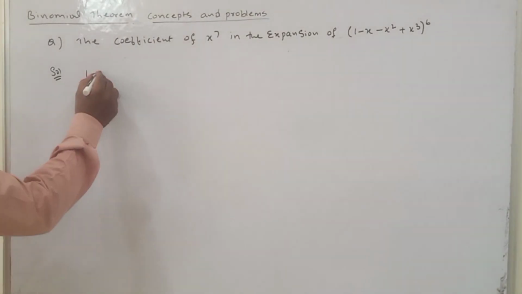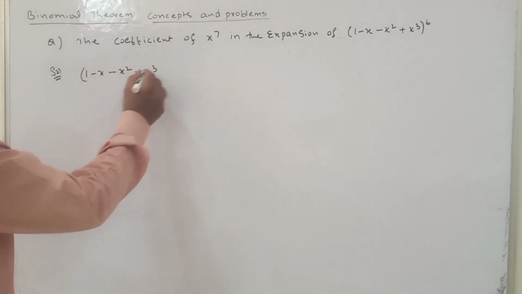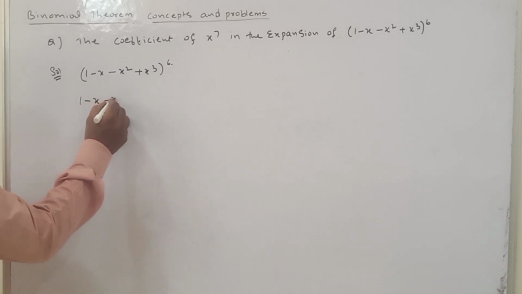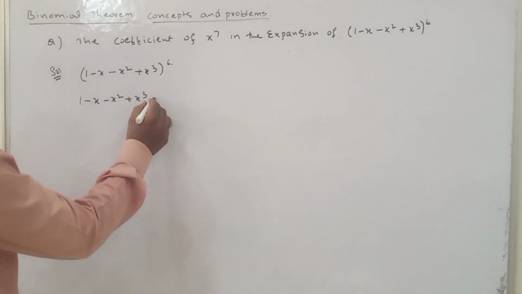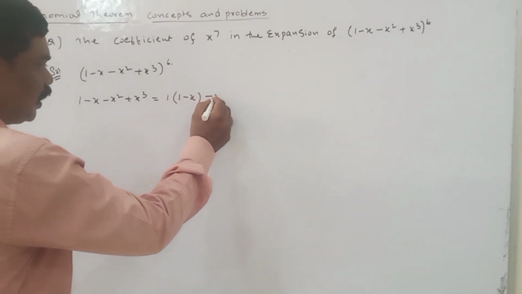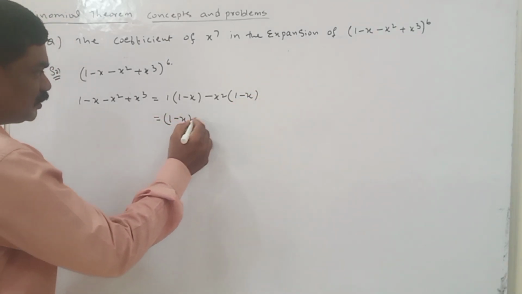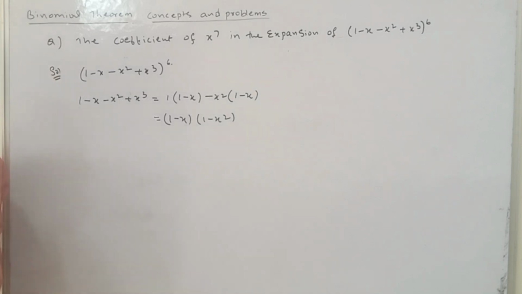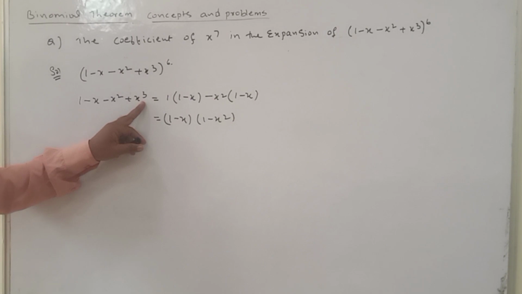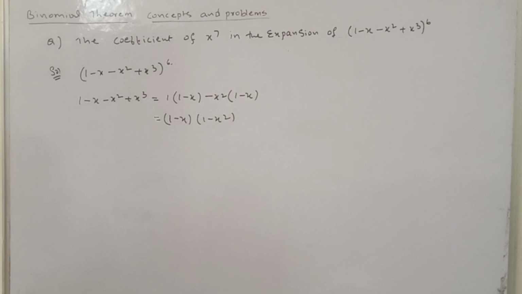Here (1 minus x square plus x cube) whole power 6 is given. 1 minus x square plus x cube can be written as 1 into (1 minus x square) plus x cube, that is (1 minus x) into (1 minus x square).